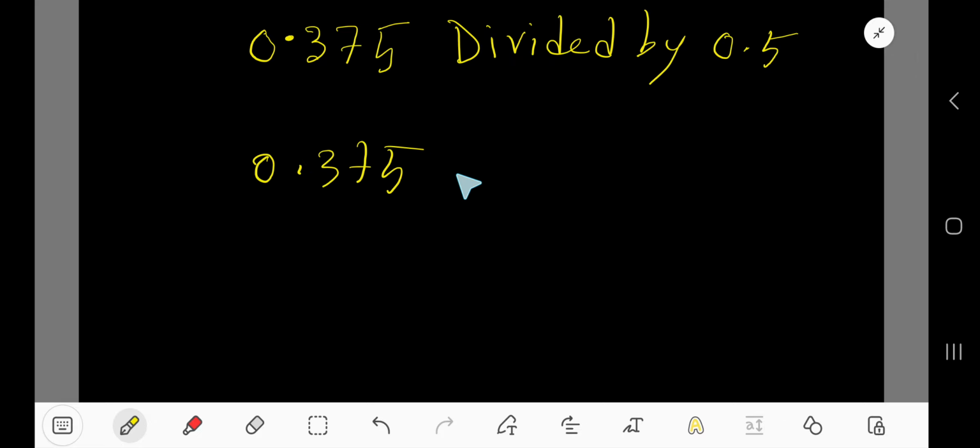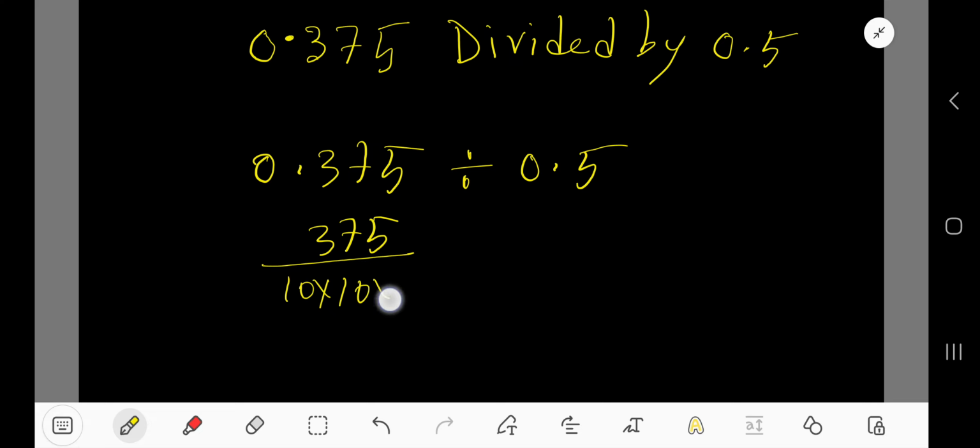Look here. 0.375 divided by 0.5. Okay, convert this decimal to a fraction. So write the numerator just keeping the digits without the decimal, and for every digit after the decimal you have to consider 10 as a multiplication. Since we have 3 digits, write 3 tens. Then we have the division sign, write it.